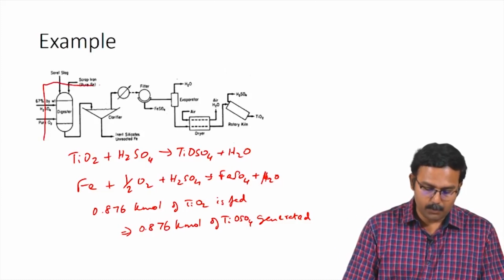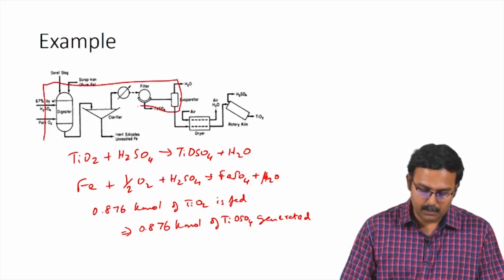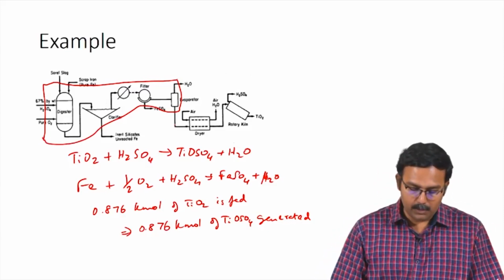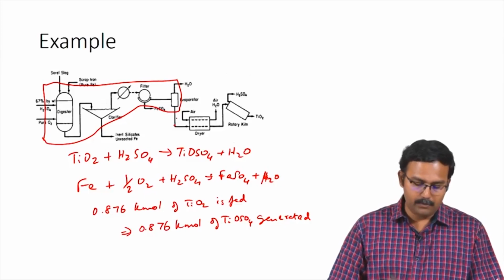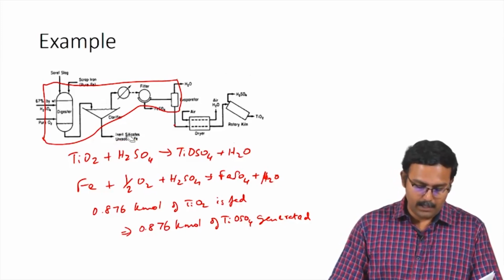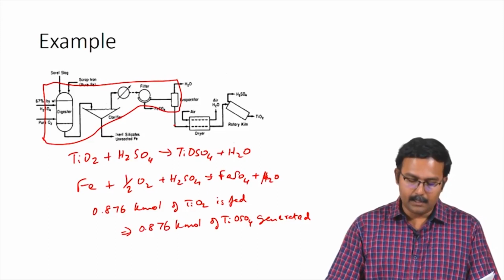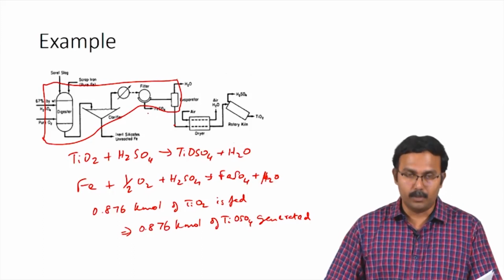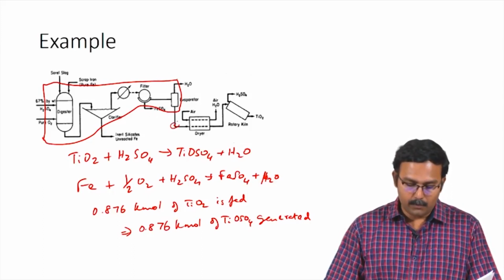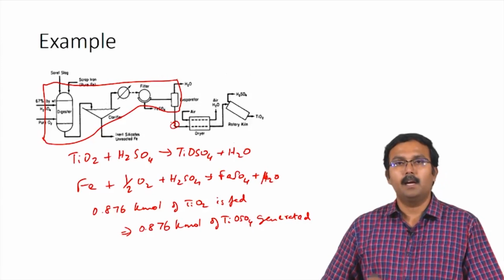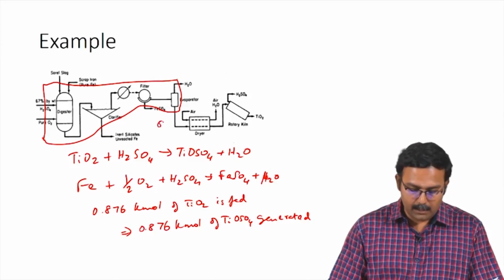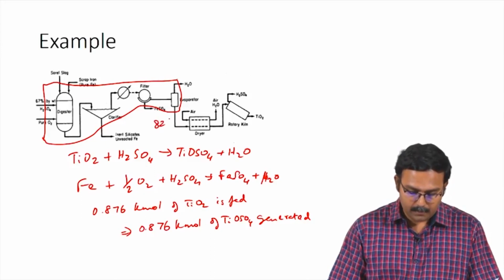Looking at the system that we have chosen, TiOSO4 leaves only through one stream. TiOSO4 does not leave through the other streams. One stream has only unreacted iron and inert silicates, one has only water, and another has only FeSO4. So, TiOSO4 leaves only through this particular stream, and based on the information from the problem, we know that this is an 82% TiOSO4 solution.